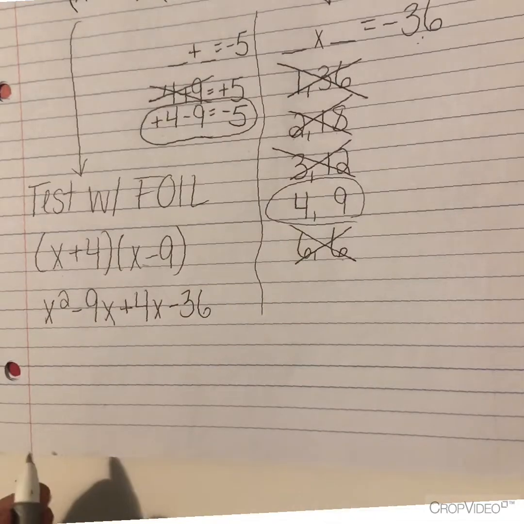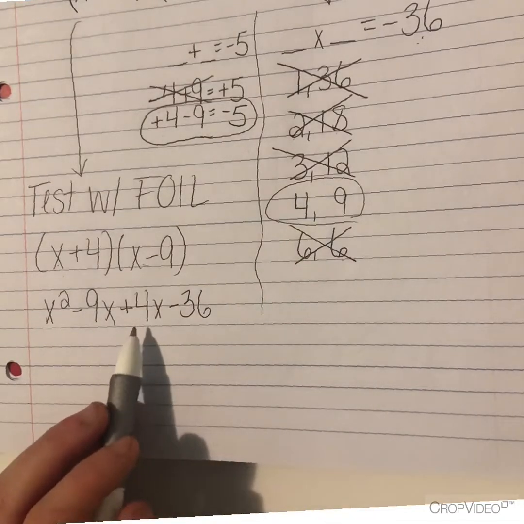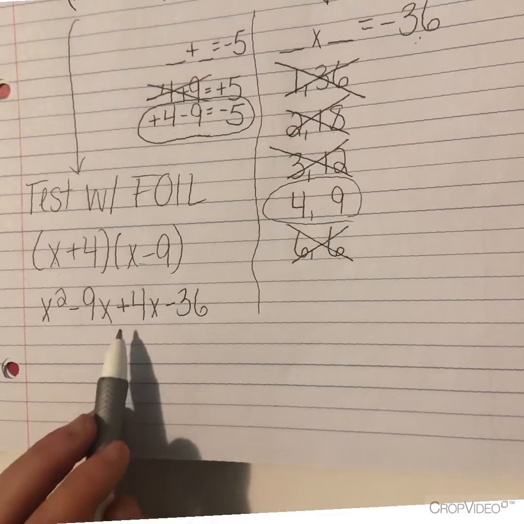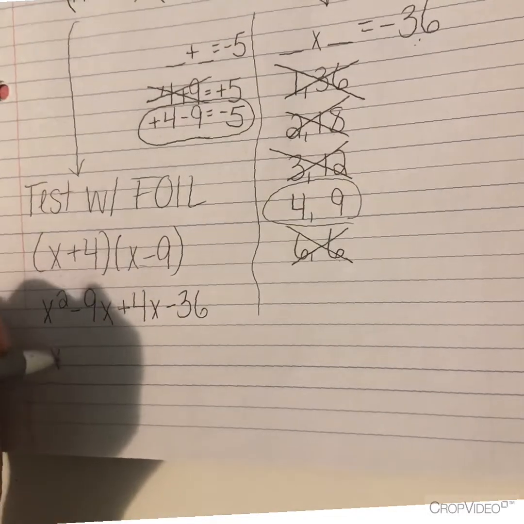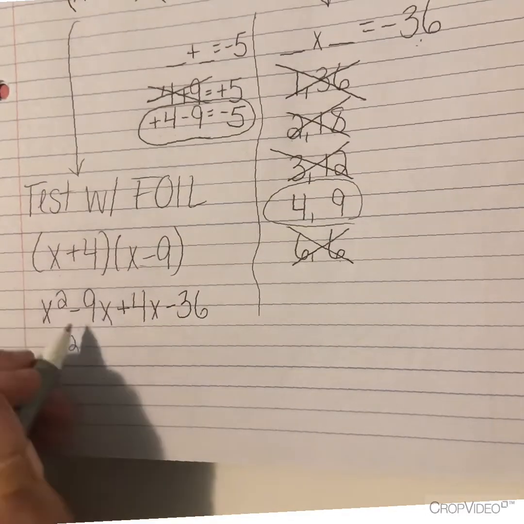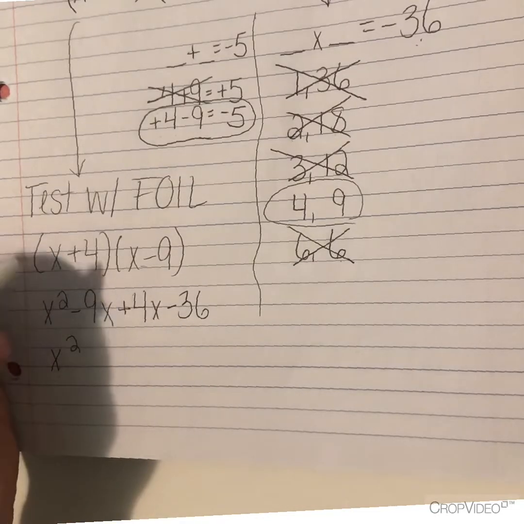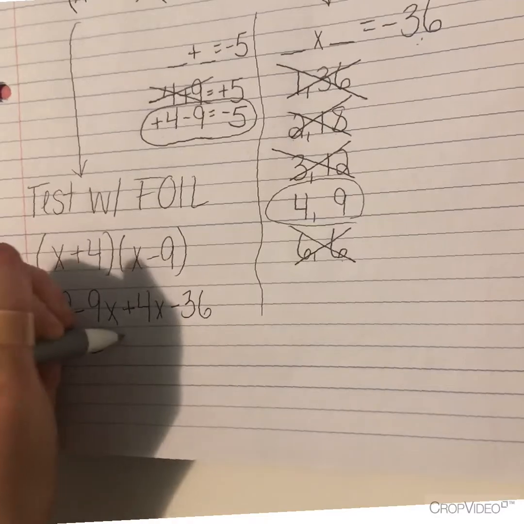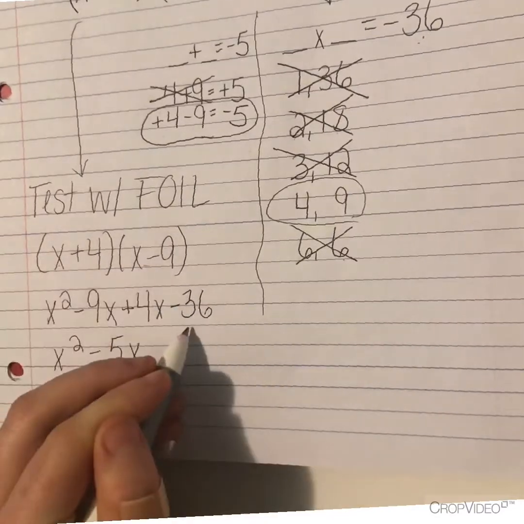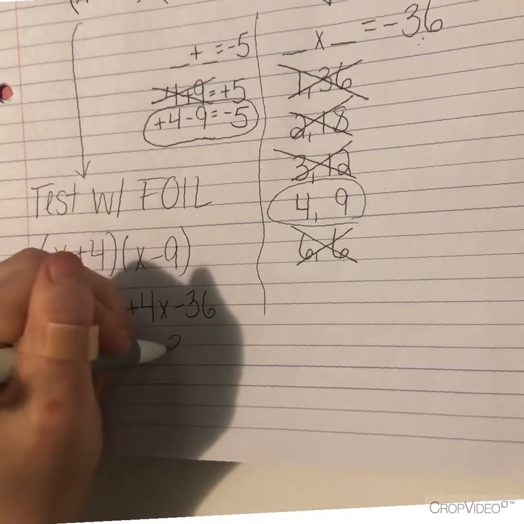And then add any like terms. So we see that these both end with the variable x, so we can add them together. X squared, we keep that the same, but negative 9x plus 4x will give us a negative 5x, and then our negative 36 tags along.